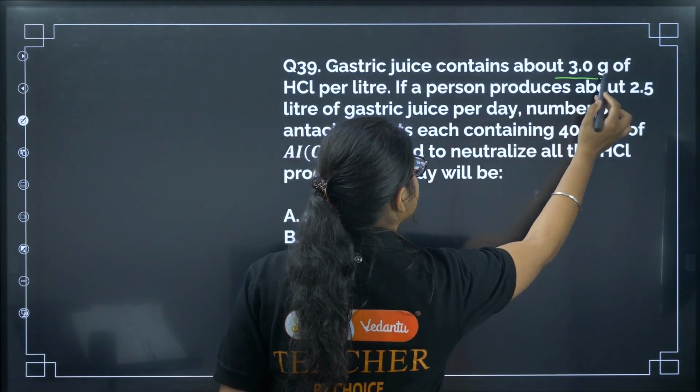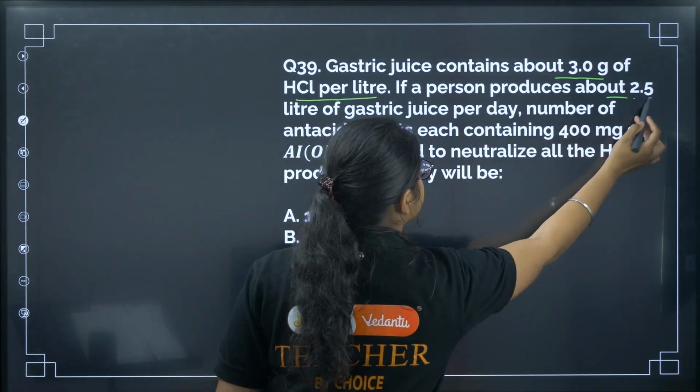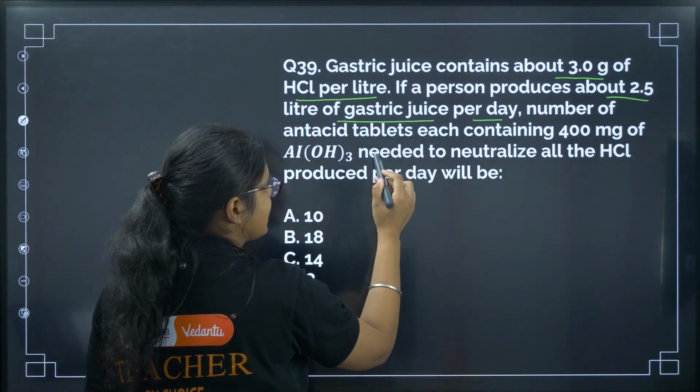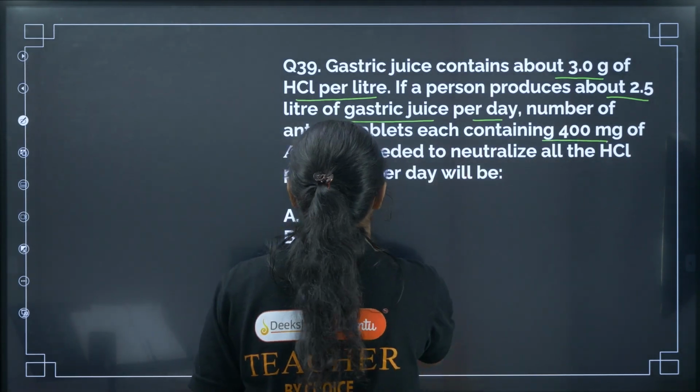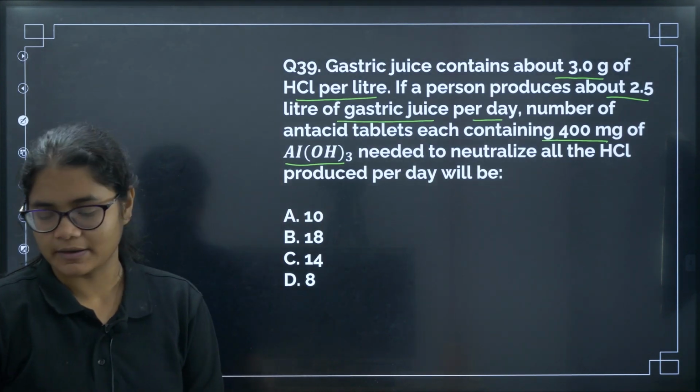Gastric juice contains 3 gram of HCl per liter. If a person produces 2.5 liters of gastric juice per day, number of antacid tablets each containing 400 milligram of aluminum hydroxide needed to neutralize all the HCl produced per day. Okay.